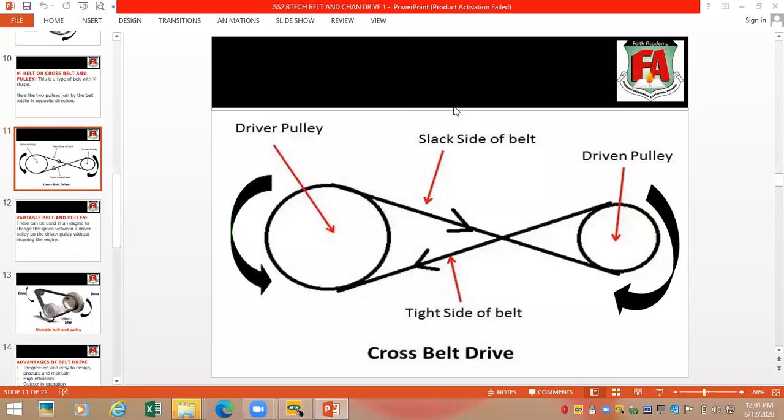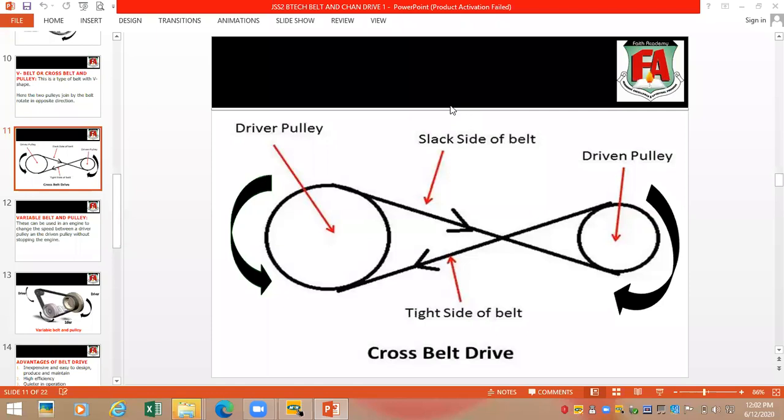That is the difference between the flat belt and the V-belt. For the flat belt, both the driver and the driven pulley move in the same direction. But in the V-belt, both the driver and the driven are moving in opposite directions, but the belt is moving in the same direction. Is that clear?